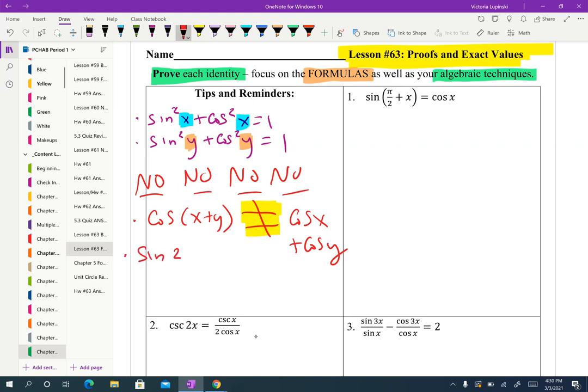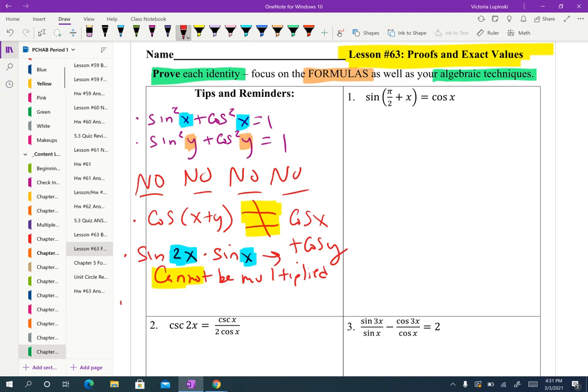Something else I want to point out here, no. If you had the sine of 2x times the sine of x, these cannot be multiplied, at least not right now. So long as you have different variables, meaning you have a 2x and you have a 1x, you cannot multiply those together. So please do not try to.